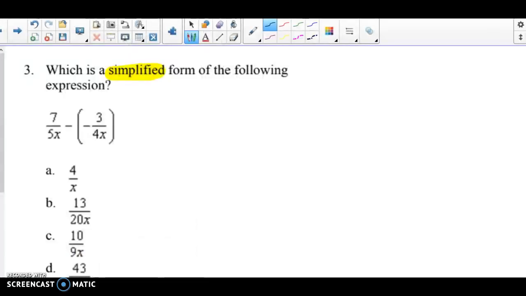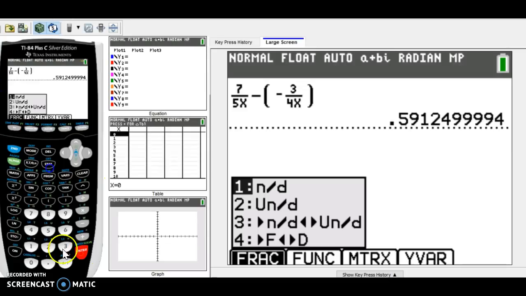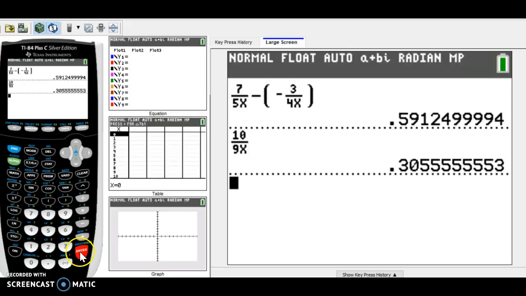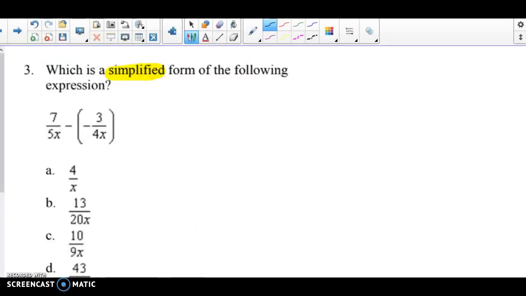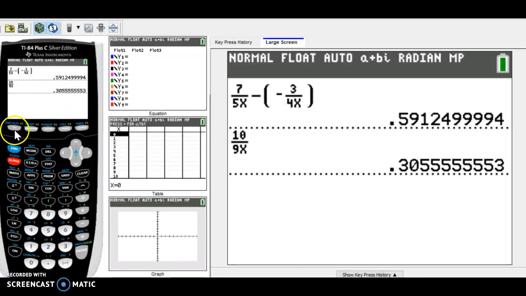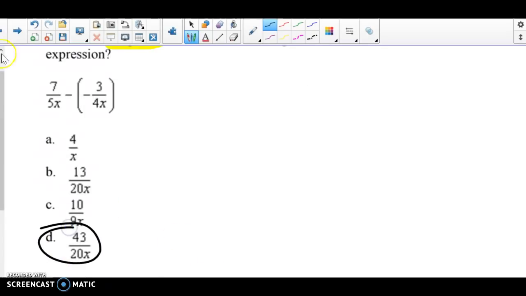My third answer choice is 10 over 9x. So alpha y equals 10 divided by 9x. That doesn't give it to me. And so hopefully my last one, 43 over 20x. Plugging that in, and that is the same number. So that's my correct answer there, choice D.